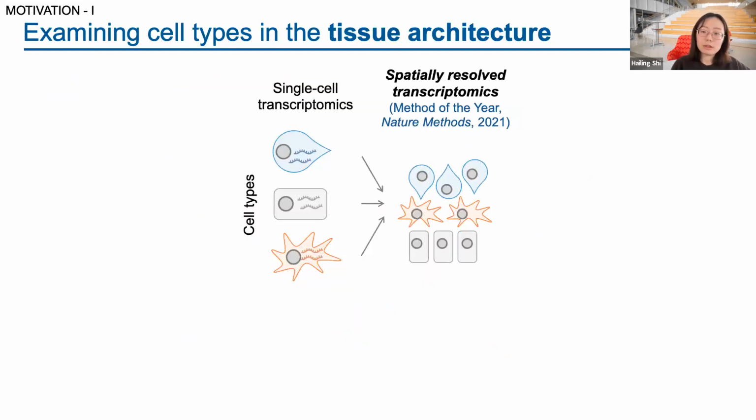However, a functional tissue is not just its cell type parts, but also the spatial arrangements and interactions among those cell types. That's why spatially resolved transcriptomics methods come into play, recently named Method of the Year 2021 by Nature Methods. It bridges gene expression studies with tissue histology and connects gene expression space with the tissue architecture.